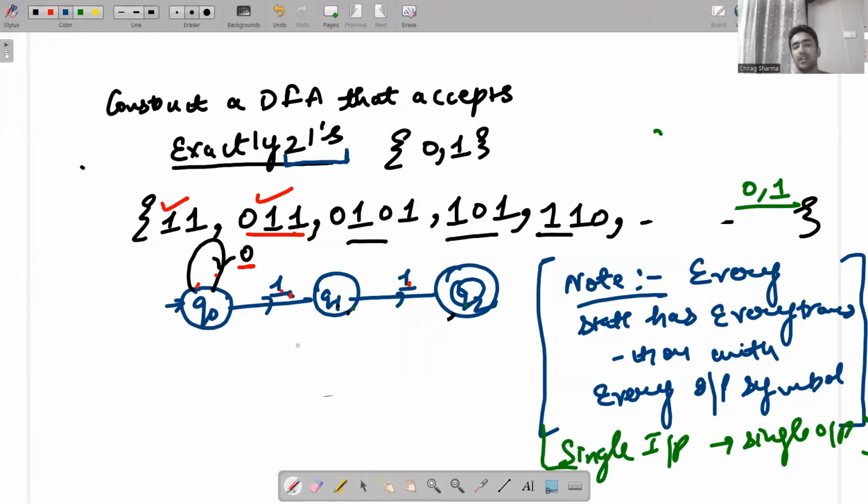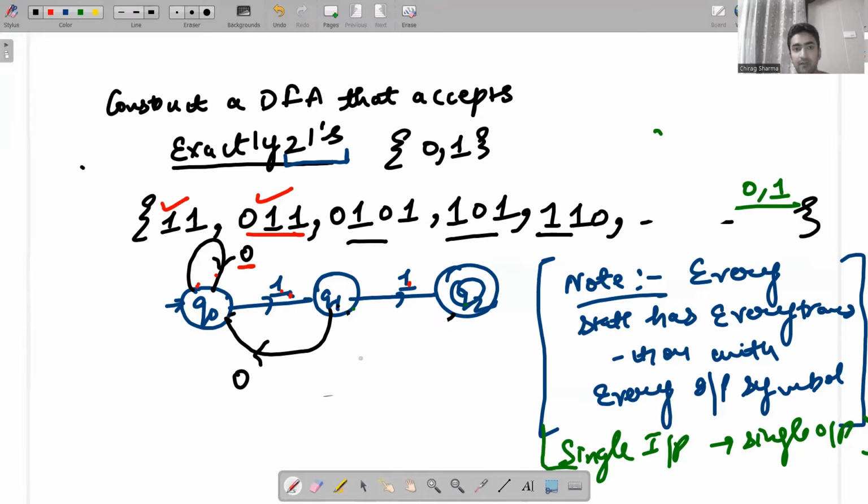Now what I can do is go over here, or I can try this part in reverse and put a loop on Q1 with 0. Now this is possible, but let's see how this folds up. I'm trying one particular string.